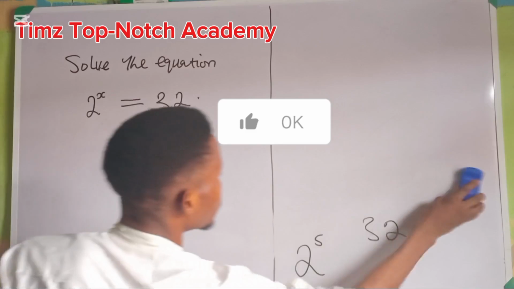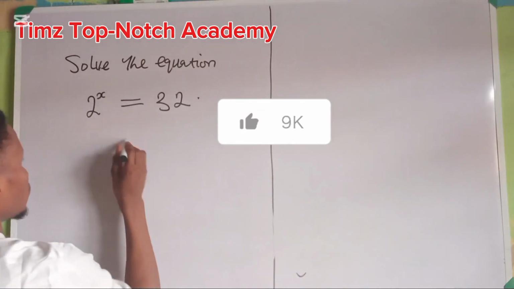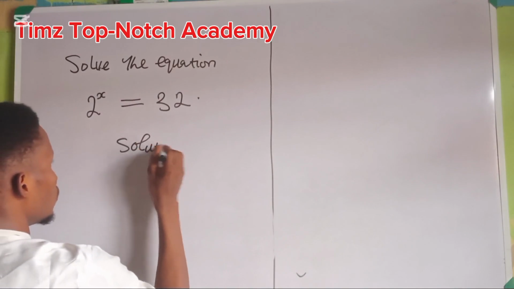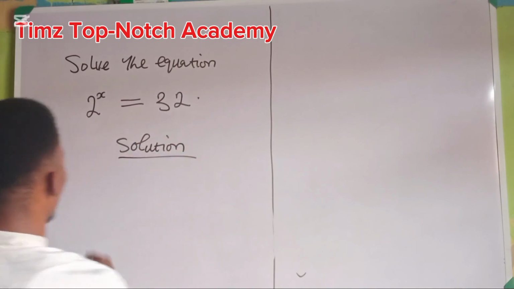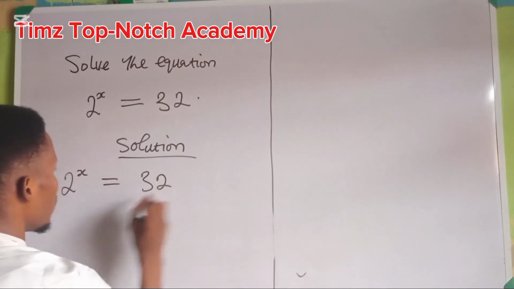Say solution. So we're already having 2 raised to power s equals 32.